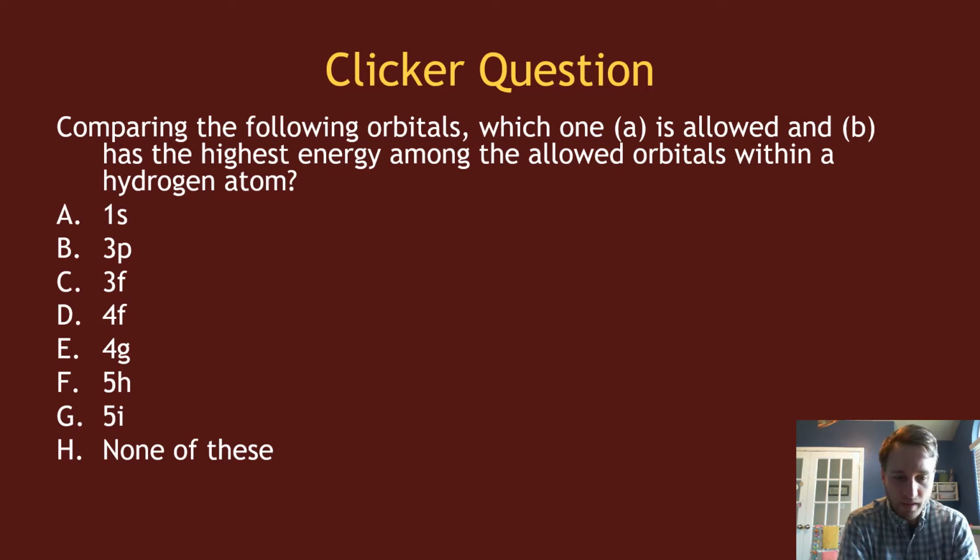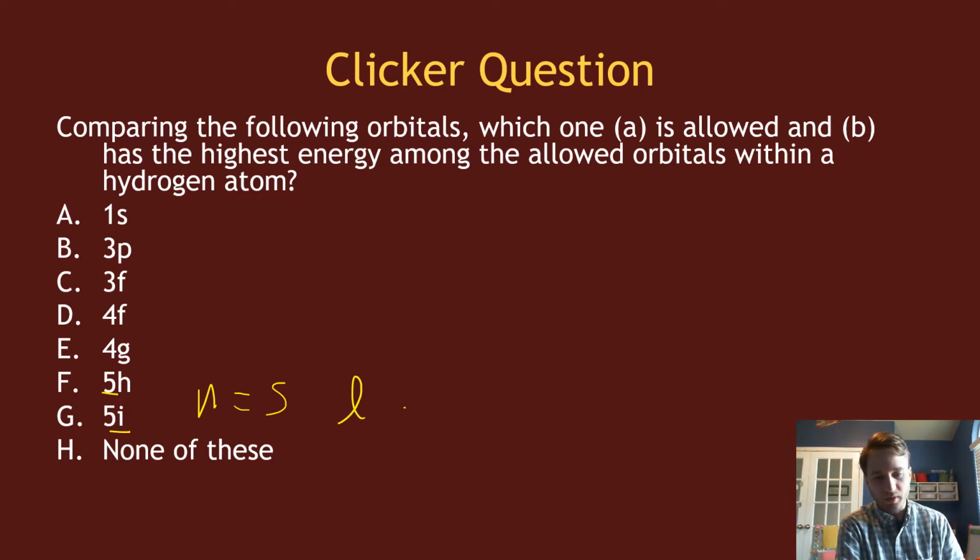If we were just asking which of these orbitals would have the highest energy, the answers would be these 5 orbitals, because their principal quantum number n equals 5. But with principal quantum number n equals 5, the highest quantum number for L equals 4, which is a G orbital.